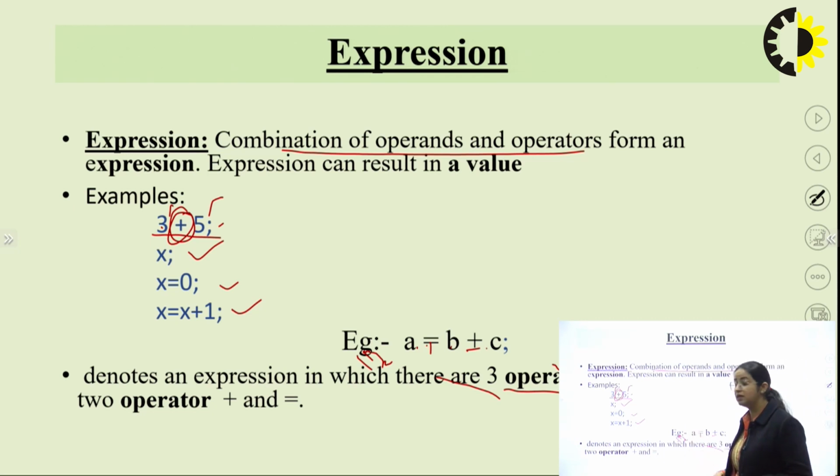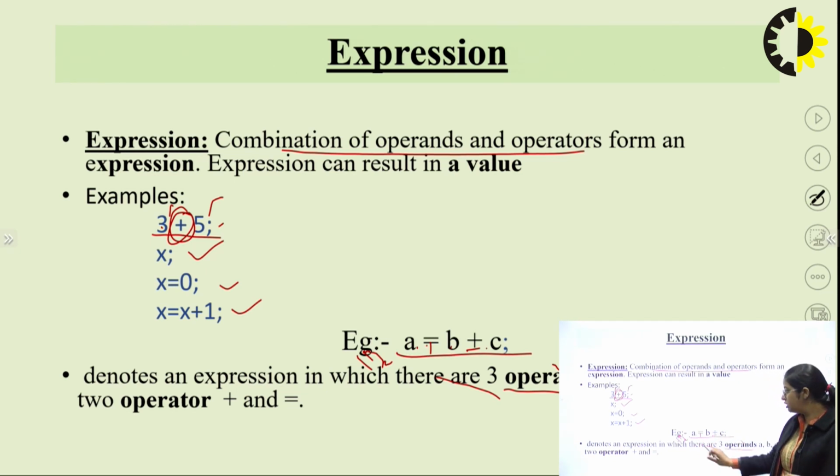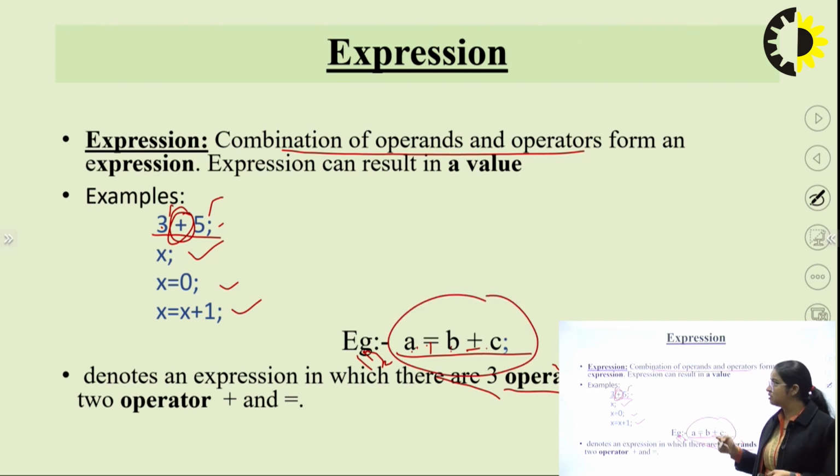The combination of these operands and operators becomes the expression. I hope the terms are clear: what is an expression, what is an operand, and what is an operator. All three terms must be clear to all.